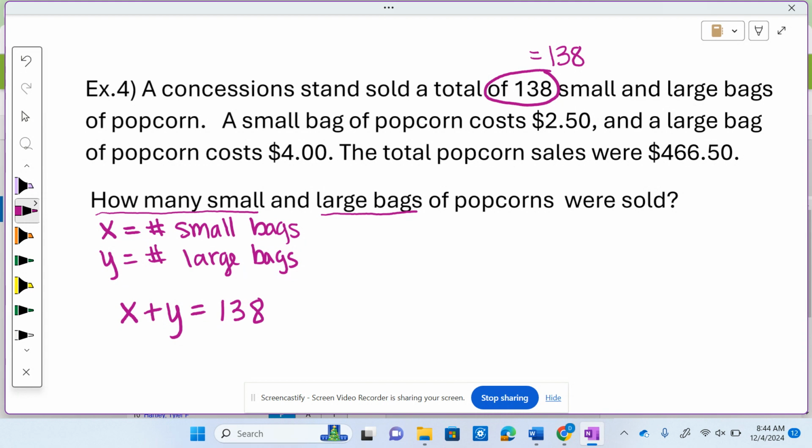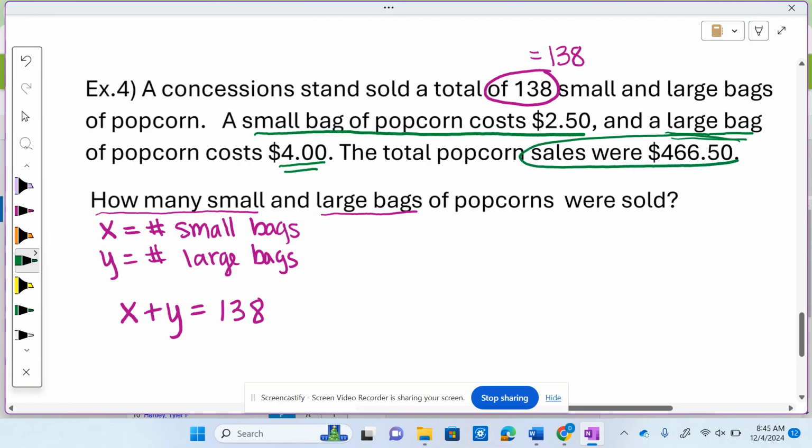So let's look at our second equation. A small bag costs $2.50 and a large bag costs $4.00, and the total amount of money we made in sales is $466.50.